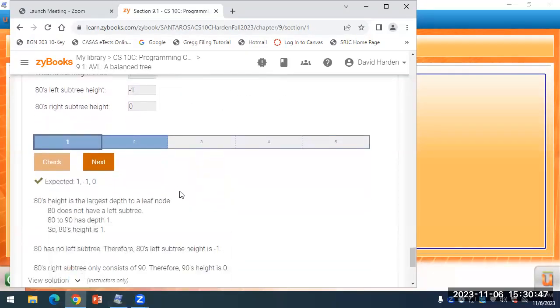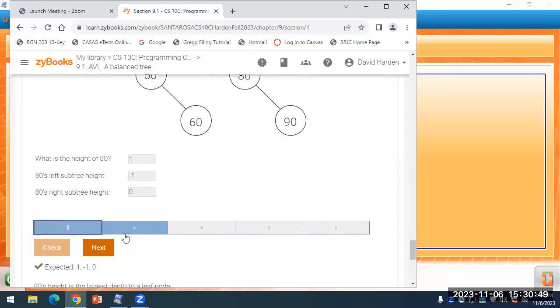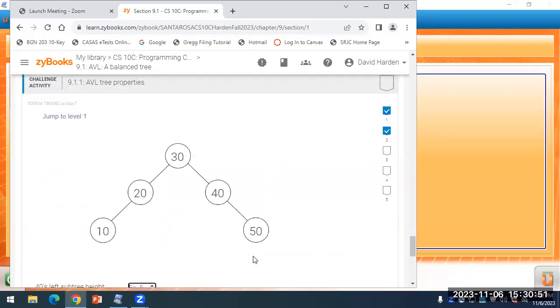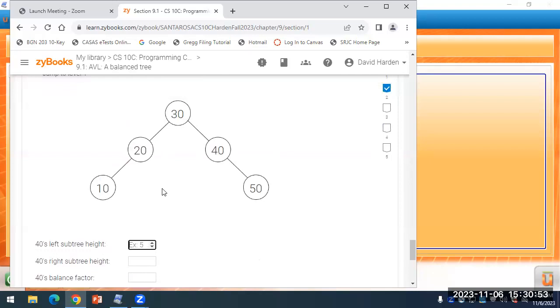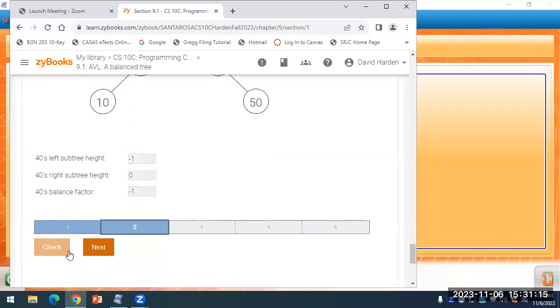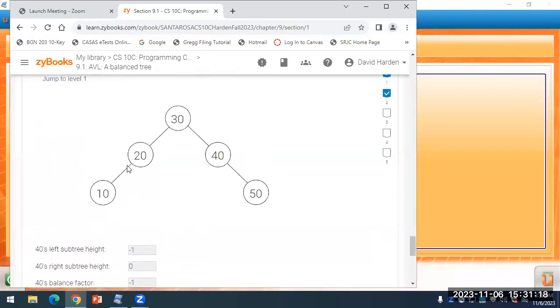Got it. 40's left subtree height is -1, 40's right subtree height is 1, or 0. Yeah. So 40's balance factor is -1 minus 0, -1. Right?